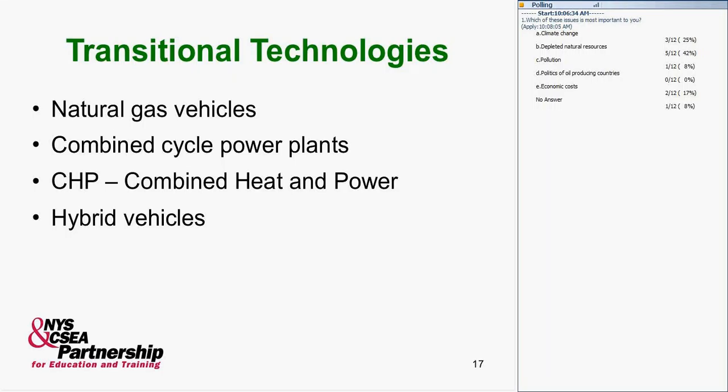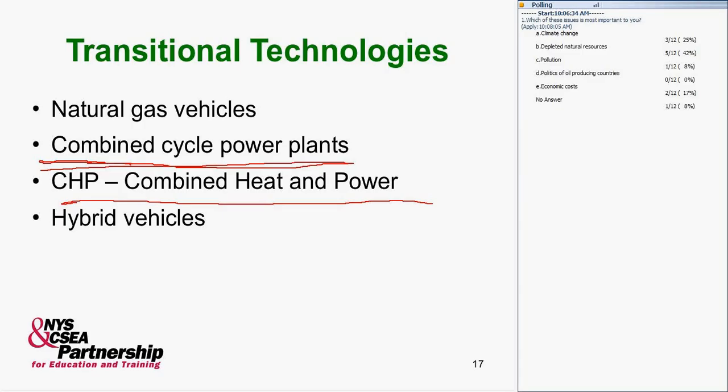Combined cycle power plants, I'll talk about in a little bit. Basically, in typical plants, most of the energy gets wasted up the smokestack. If you come up with a series of electric generators using that same wasted heat and steal more and more of the heat, turn it into power, you can raise efficiency. Combined heat and power, we take the wasted heat from making electricity and we use it to heat the buildings.